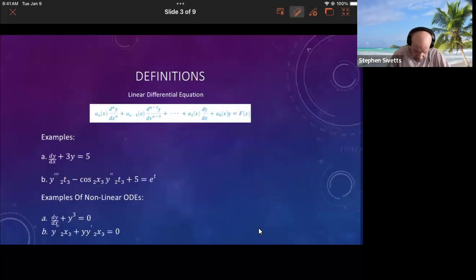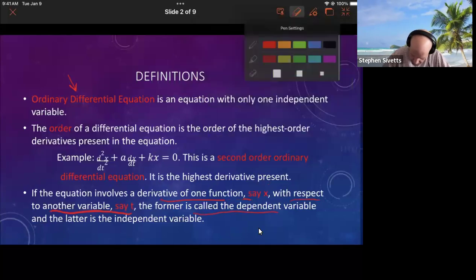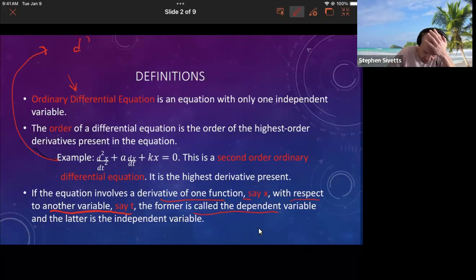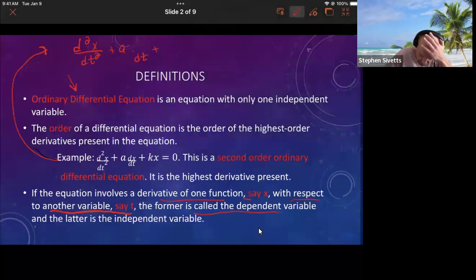As an example, let me write this out as d squared x over dt squared plus a times dy dt plus x.